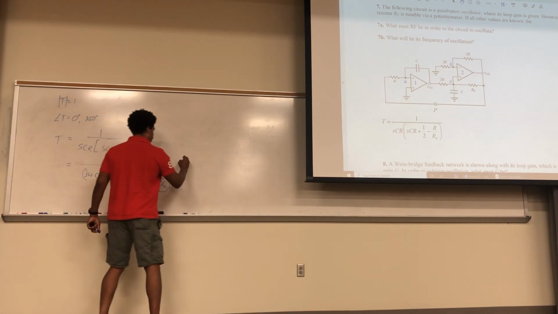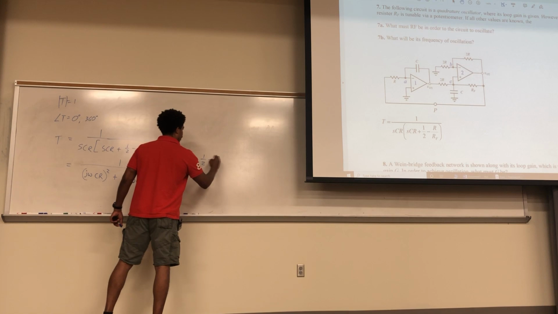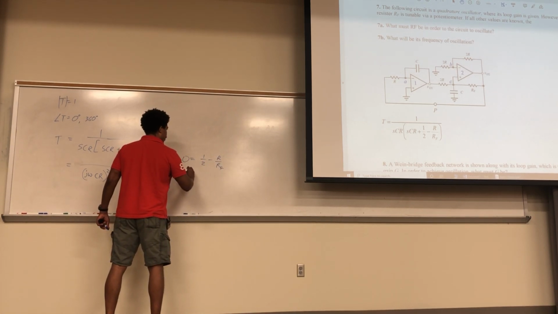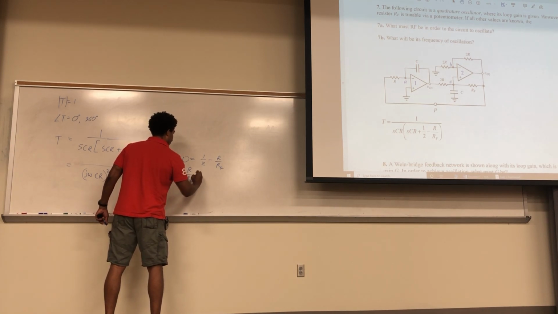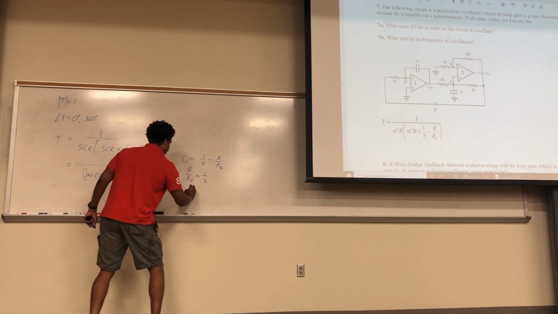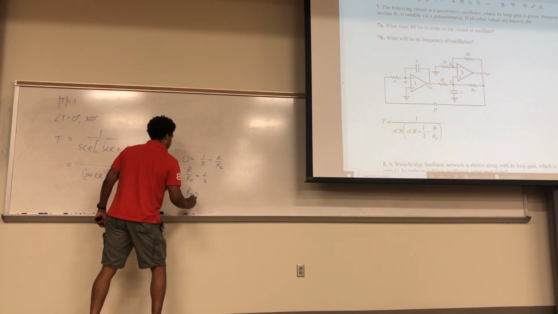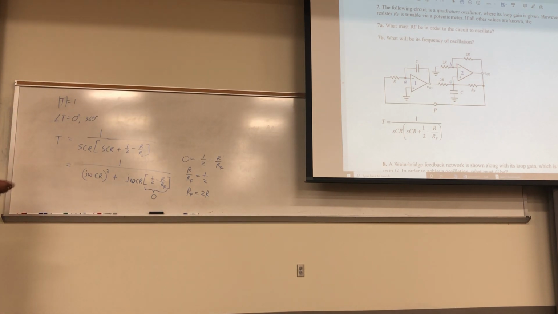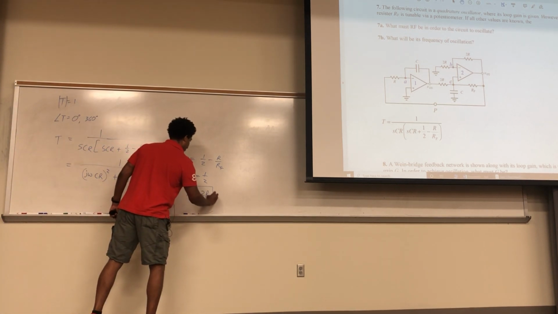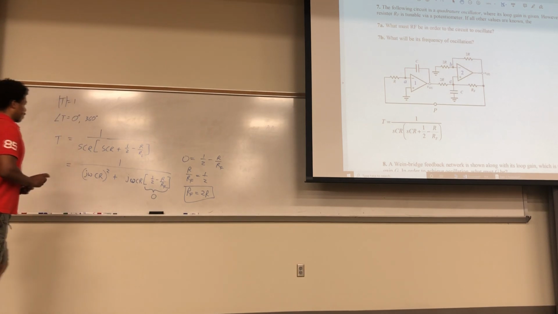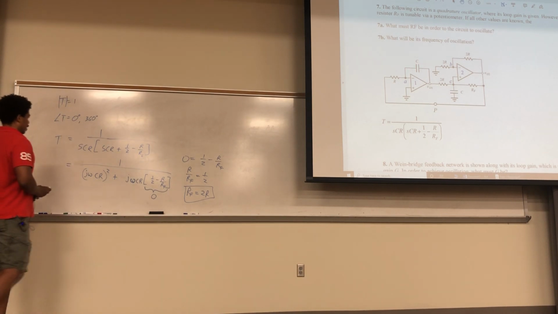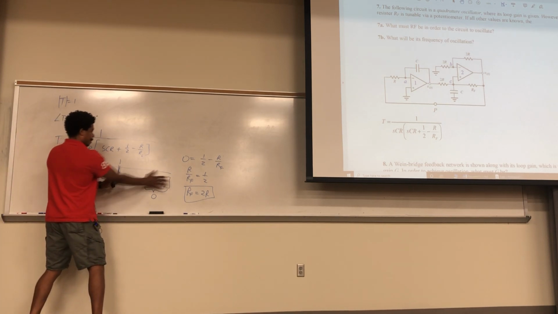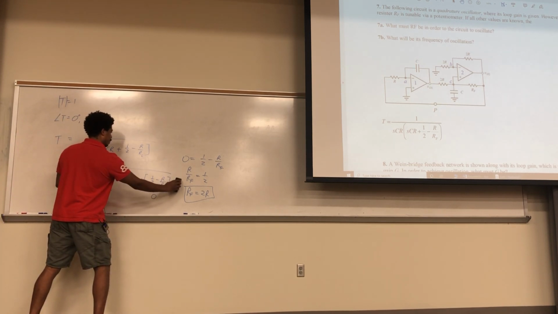So in order for that to be 0, that means that R over RF is 1/2, and so RF is going to be equal to 2R. So that's the constraint on RF. Okay, and if that's 0, we can get rid of that right here, right?